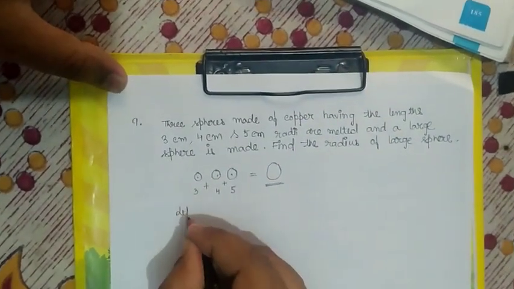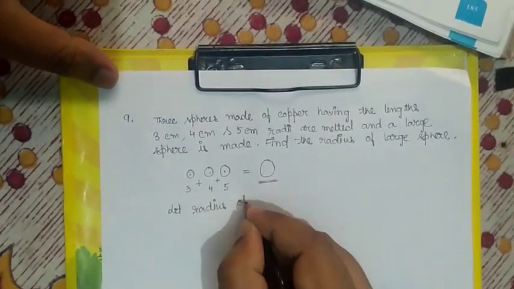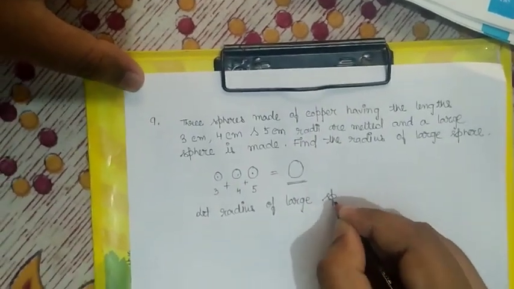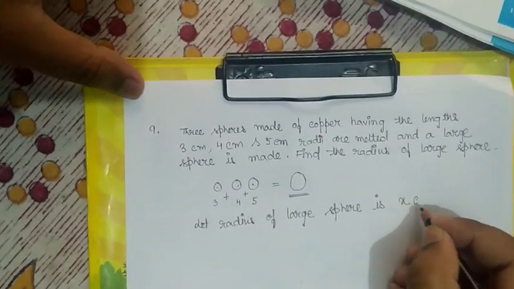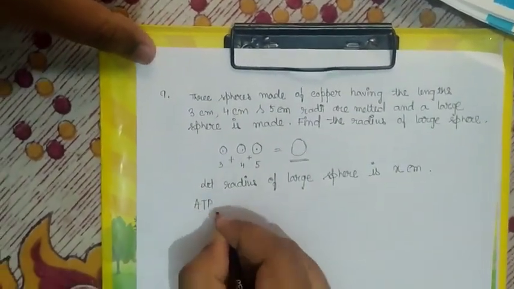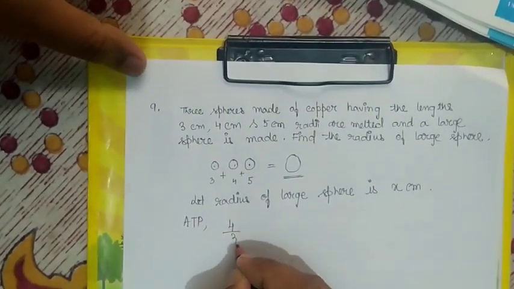So let radius of large sphere is x centimeter. So according to the problem, volume of the first sphere, volume is 4 by 3 pi r cube.